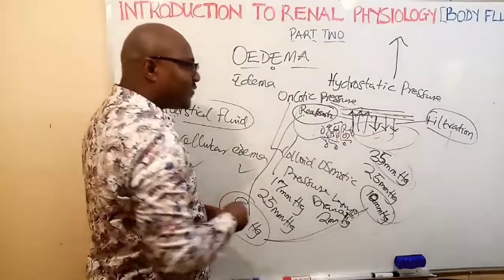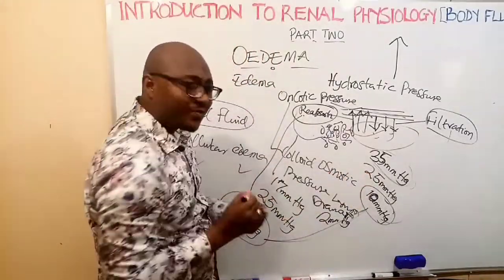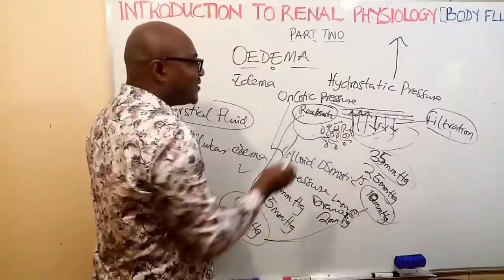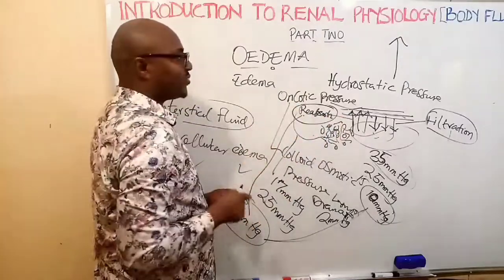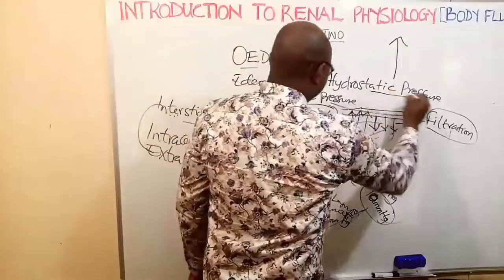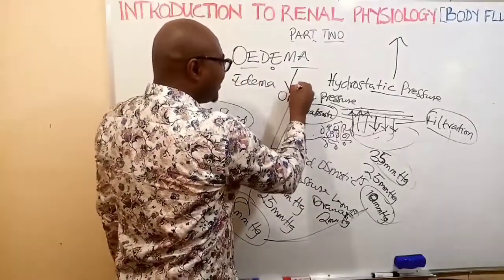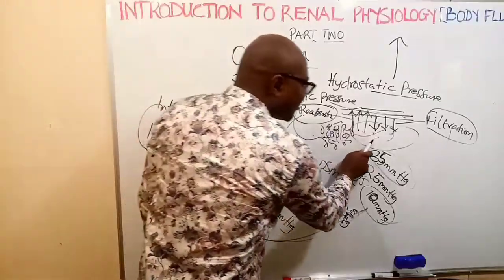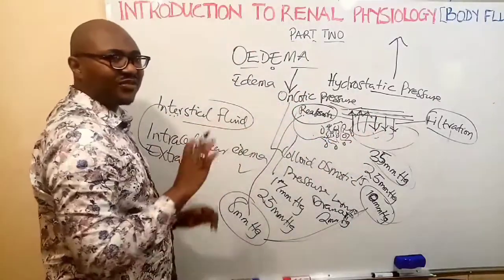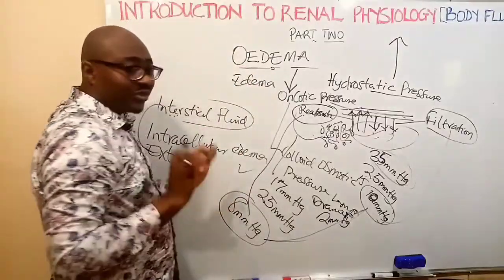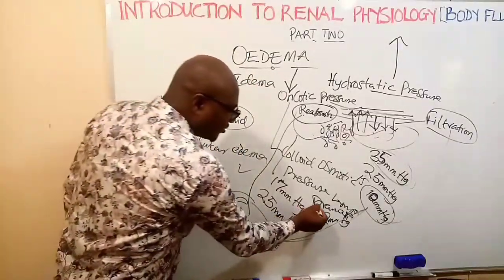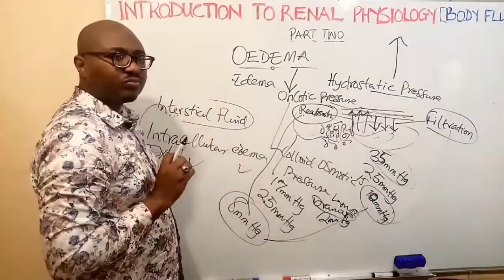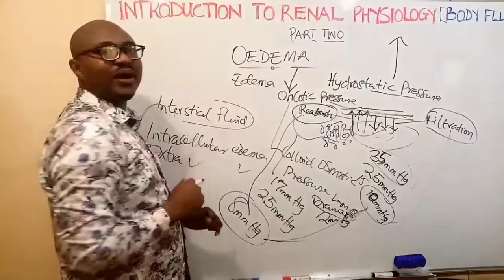Even if this one remains 35, if oncotic pressure now reduces from 25 to maybe 15, that means you don't have enough plasma proteins. So increased hydrostatic pressure, or decreased oncotic pressure, can lead to excess accumulation of fluid in the tissues, leading to edema. The third thing is drainage. If those lymphatic vessels are blocked, what happens? You also have edema.